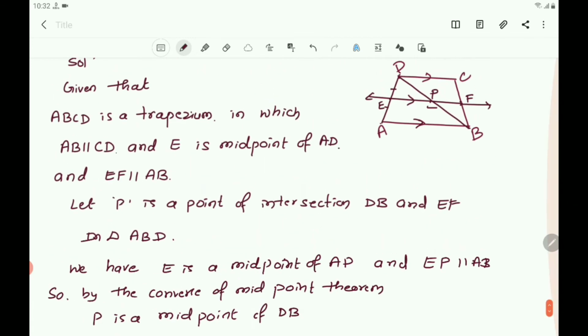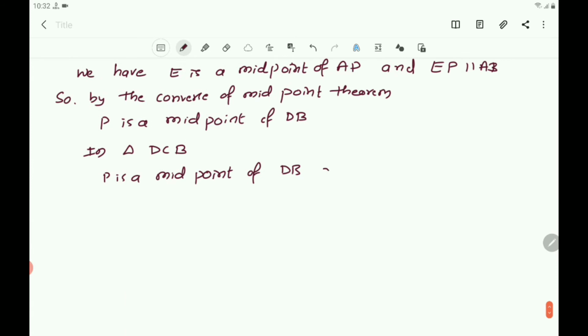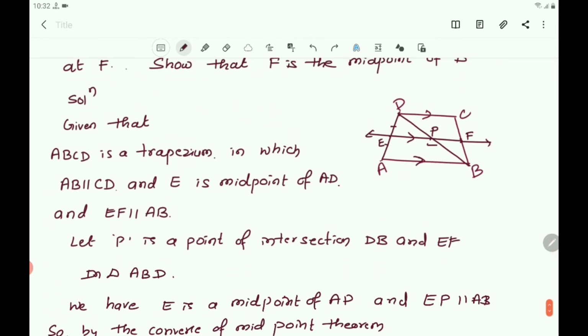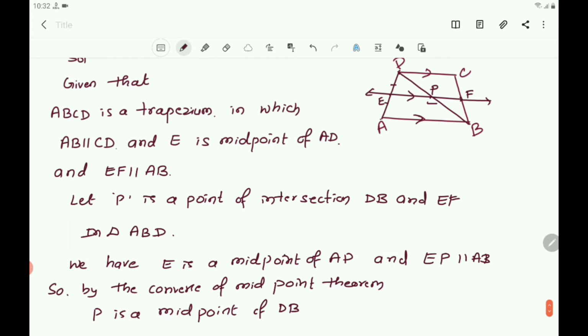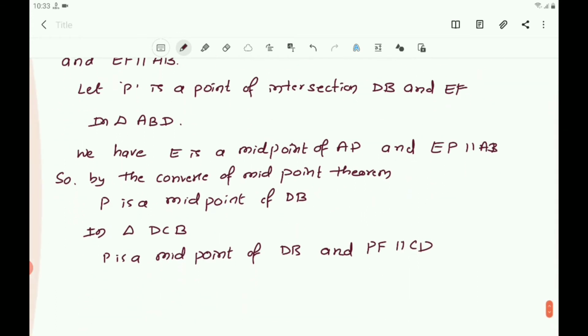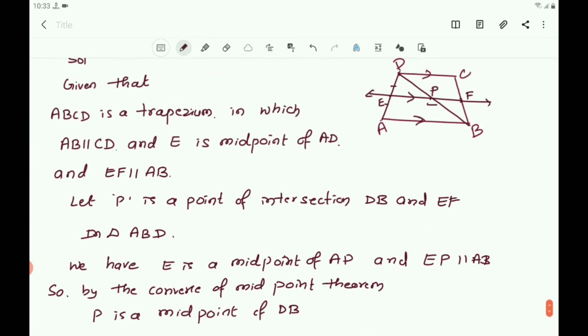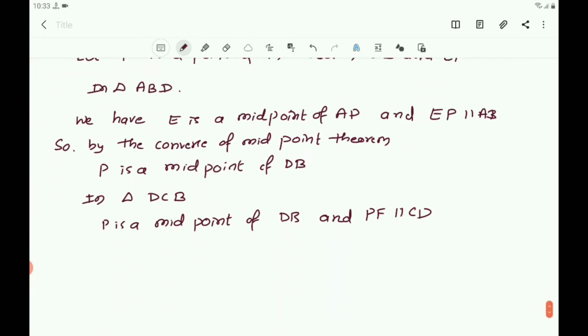Why is PF parallel to CD? Because AB is parallel to EF and also AB is parallel to CD. Therefore CD must be parallel to EF. The two lines EF and CD are parallel to AB, therefore CD and EF must be parallel to each other.